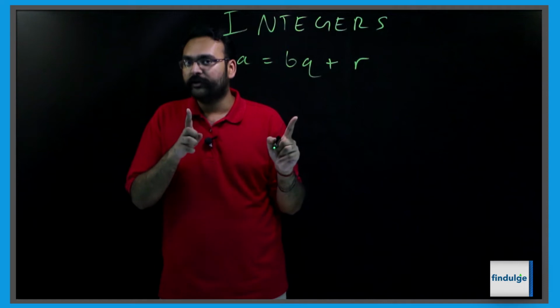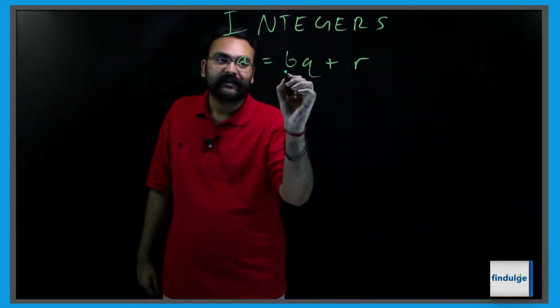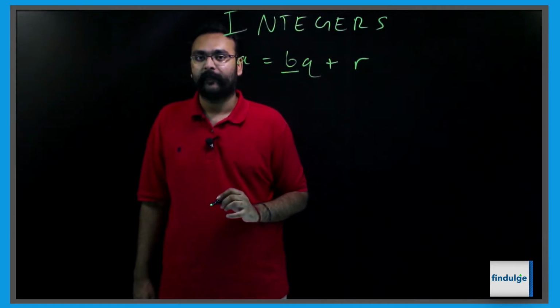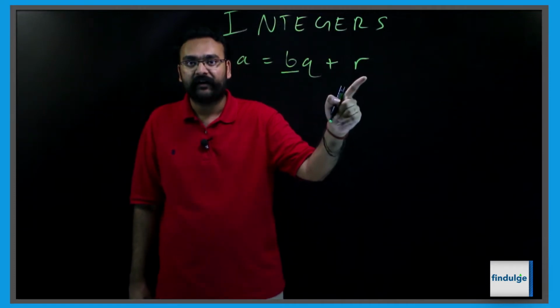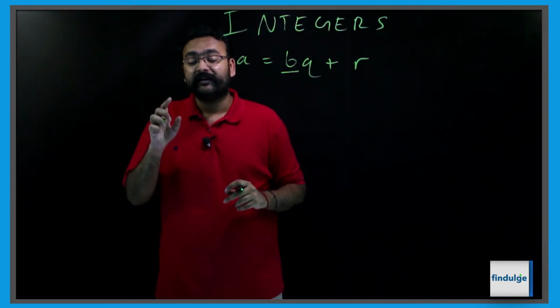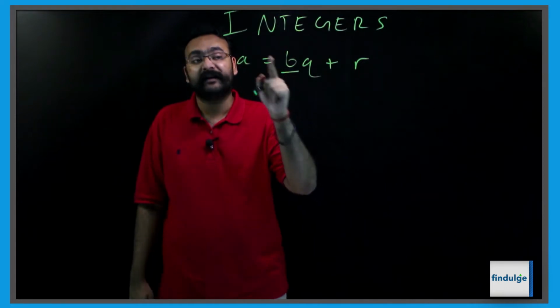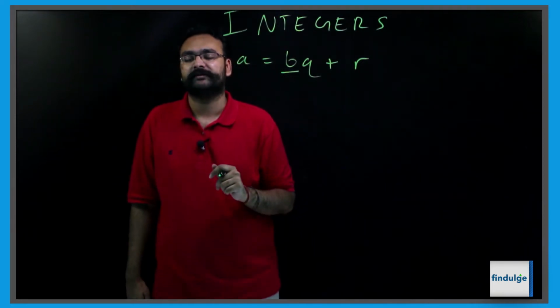So the way we'll use this to prove questions is, we can see that if I fix my b, given that r has to be less than b, we can define an integer according to this b. We can fix the number of definitions.